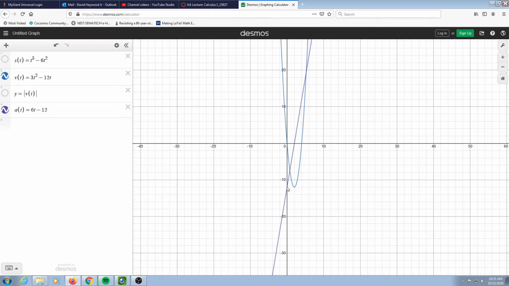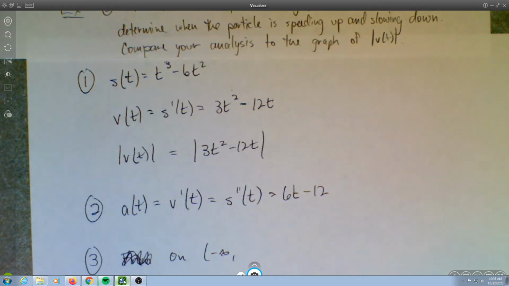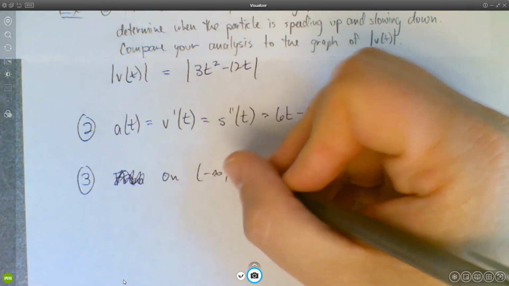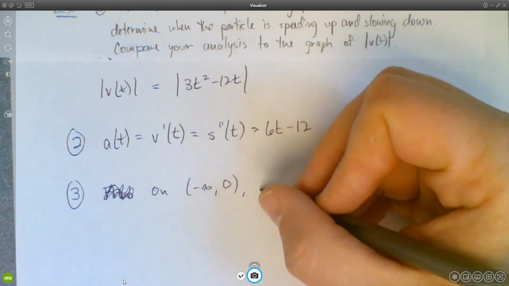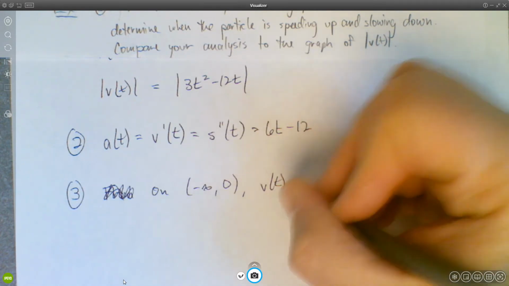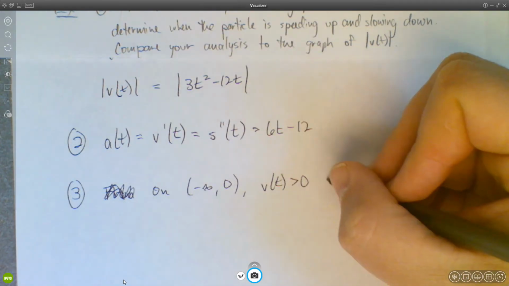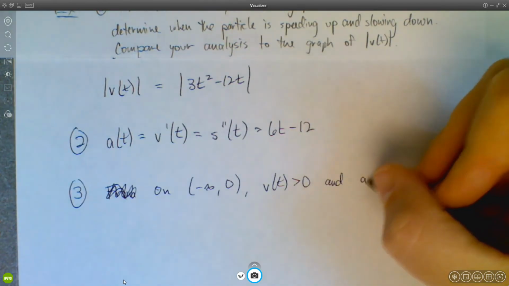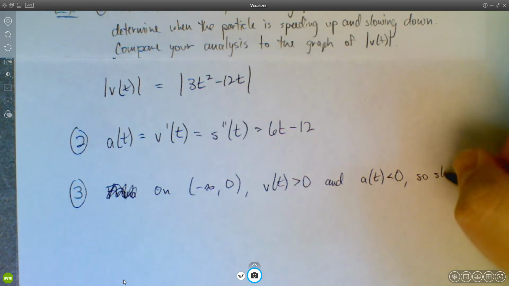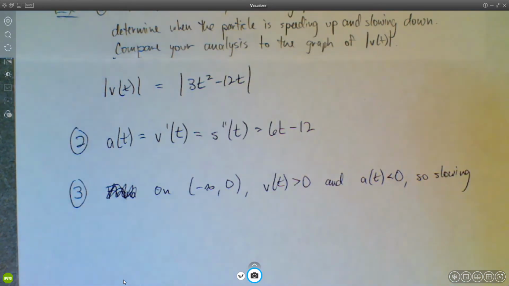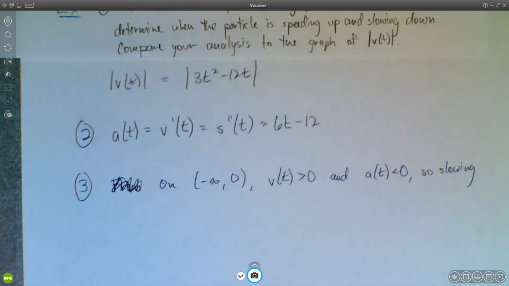So on negative infinity to 0, the velocity is positive and the acceleration is negative, so slowing down.